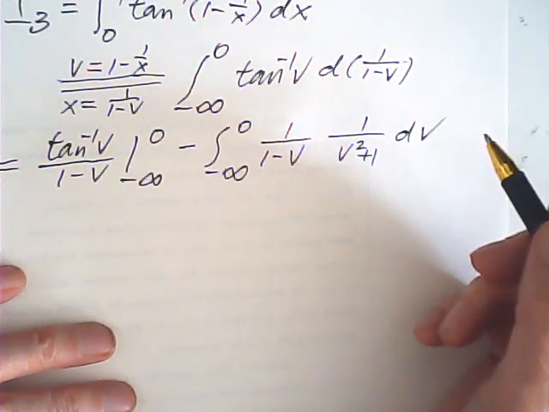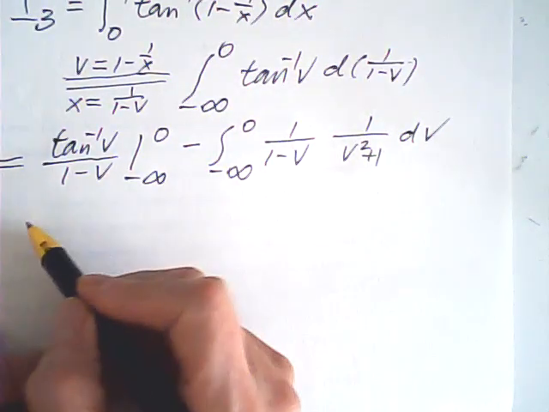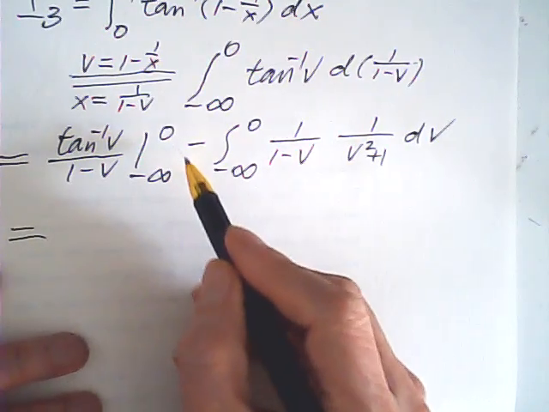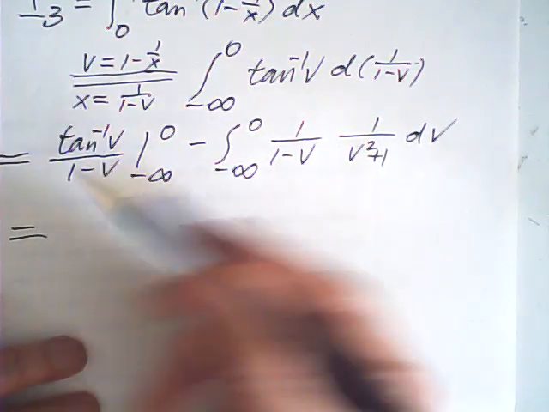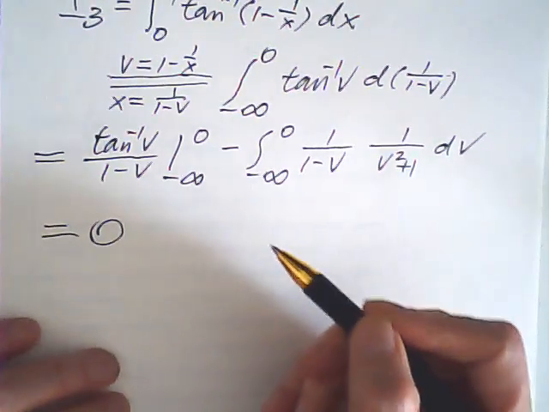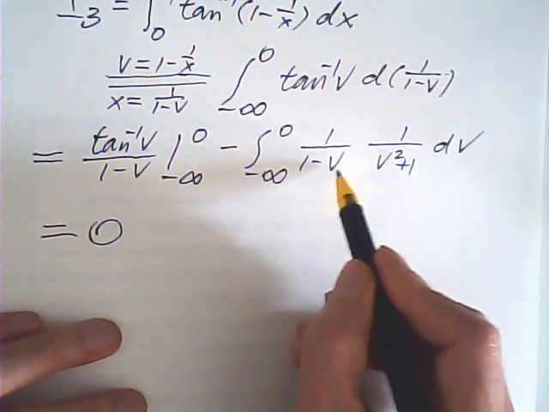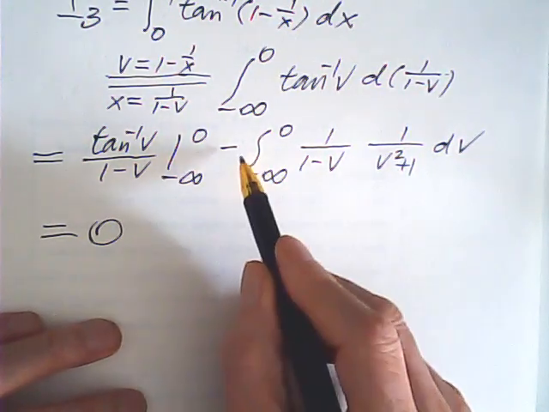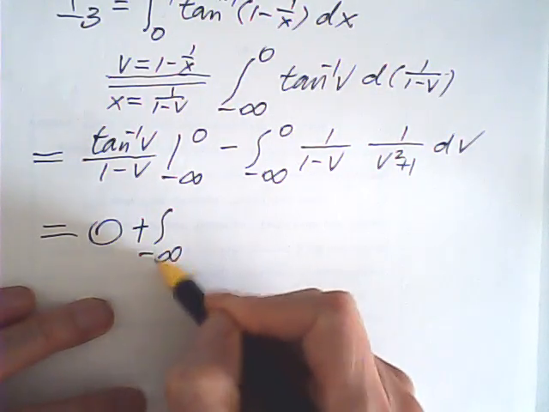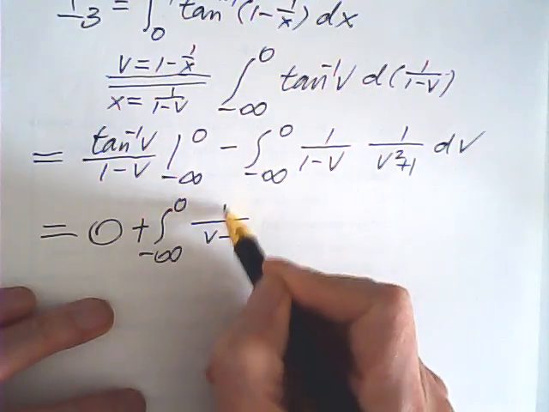Very good. Now this is 0 at 0, and when this is infinity, it's also 0. So this is 0. Now, I switch these two and change the sign, right? Becomes plus. From minus infinity to 0, this becomes v minus 1 over v squared plus 1.